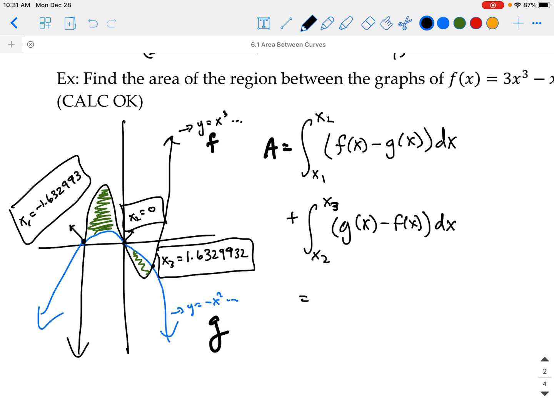So we'll do the integral from negative 1.632993 to 0 of f minus g plus the integral from 0 to 1.632992 of g minus f.